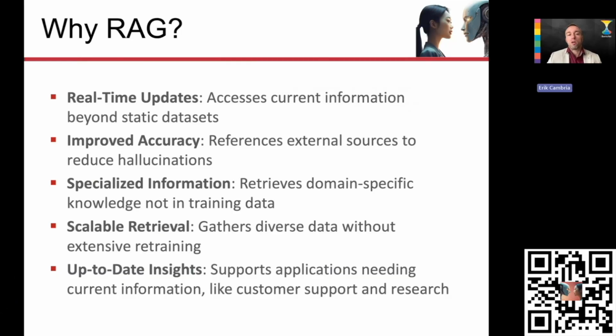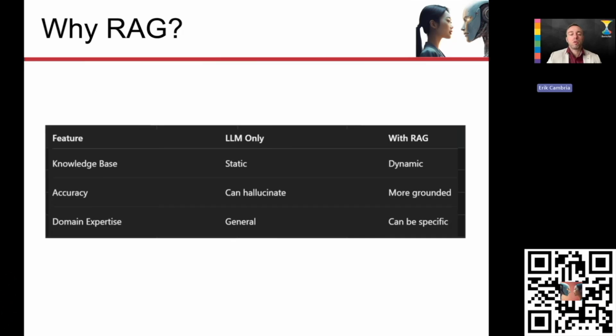So RAG allows me to have real-time updates, much more accurate, ad hoc information, and it's also much more scalable than large language models. So the big difference again is that I have a knowledge base that is no longer static, it is dynamic, because I have this smaller portion that I can query with more up-to-date information.